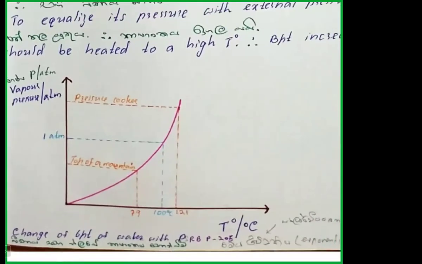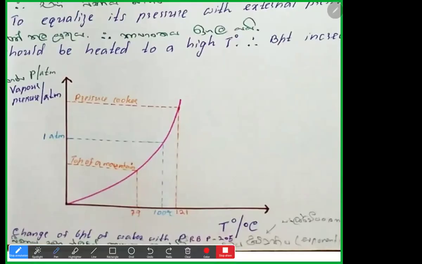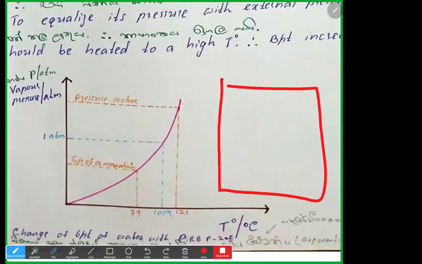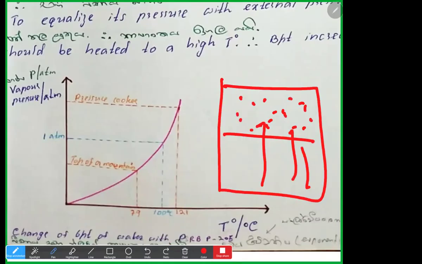Even if you heat or don't heat, this is evaporating, and it comes to saturation very slowly. But if you heat this continuously to a higher temperature, the pressure increases really rapidly.